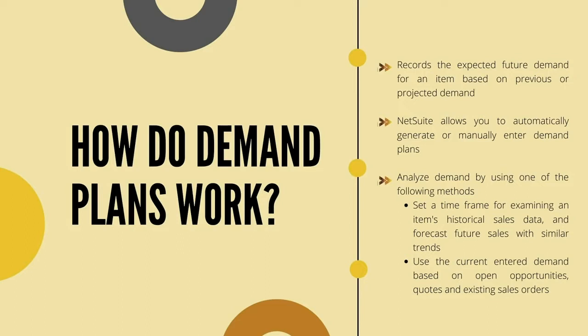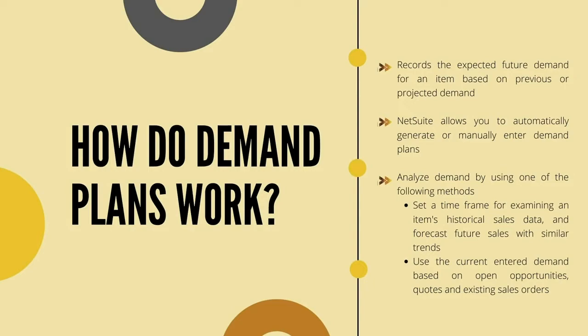NetSuite allows you to automatically generate demand plans, or the user can choose to manually create or enter an item demand plan. The user can elect to analyze demand by using one of the following methods. You can set a time frame for examining an item's historical sales data and forecast future sales with similar trends, or the user can enter demand plans based on open opportunities, quotes, and existing sales orders.